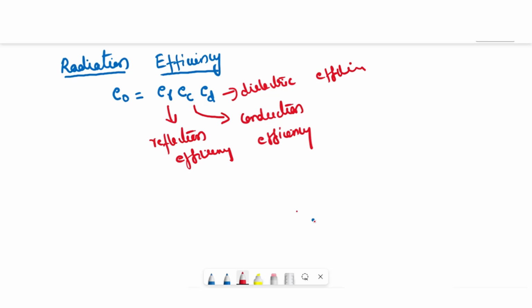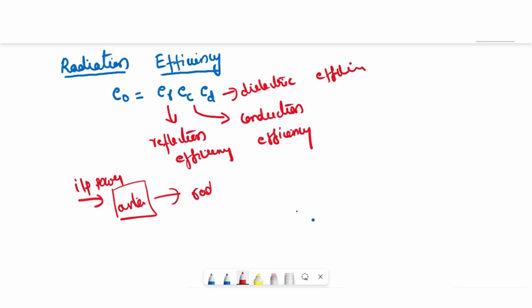Why are we speaking now about the losses while speaking about this efficiency? Because you are giving some input power, let it be the antenna structure, this is antenna, and the main aim of the antenna is that all the power must be radiated.